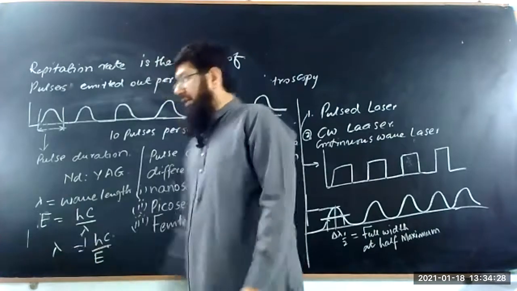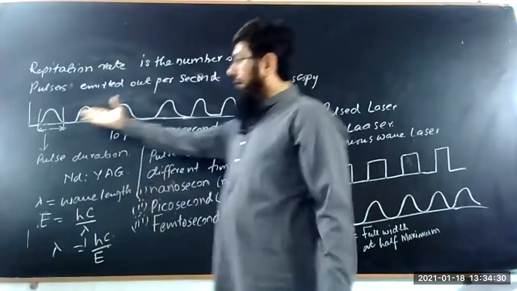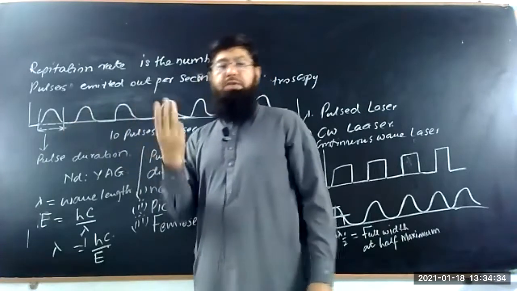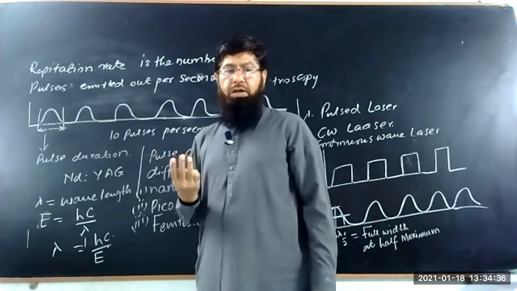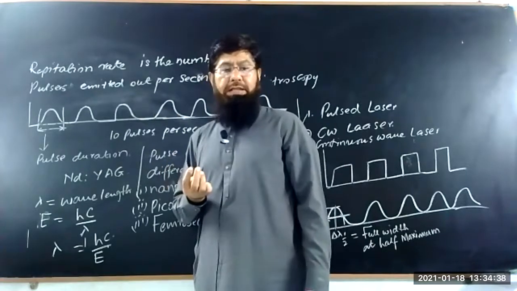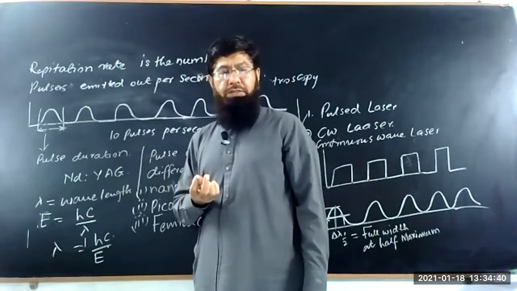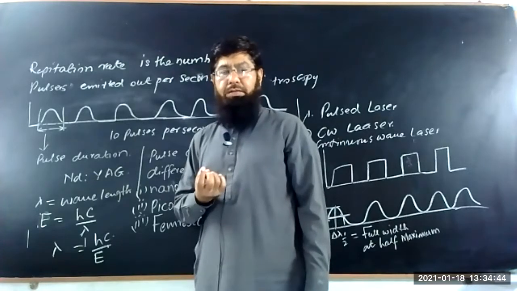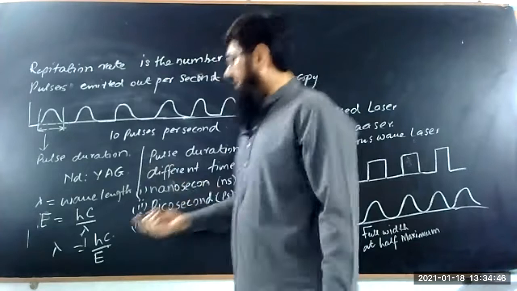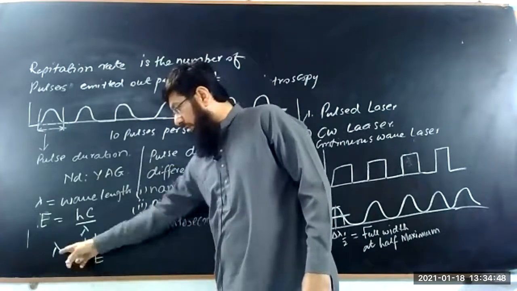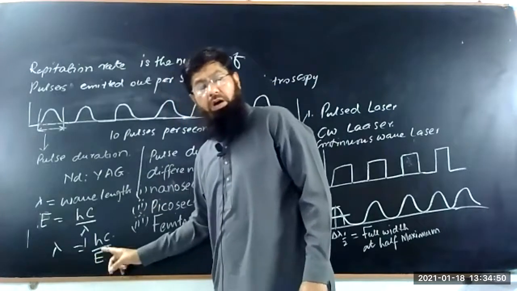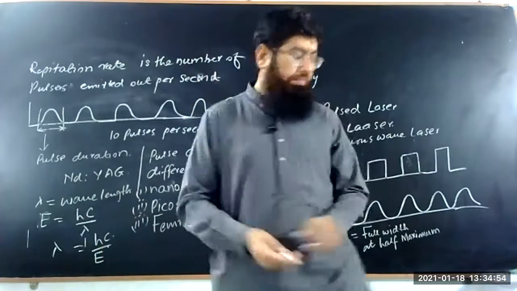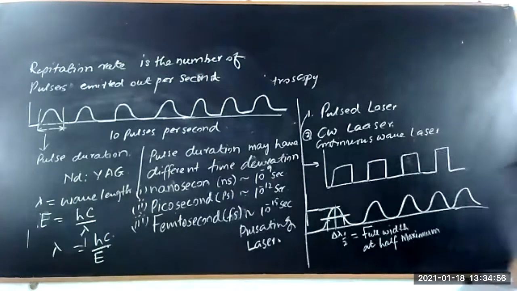For example, in our experimentation we have used three types of wavelengths. Clear? One is in the range of IR, another is in the range of visible, and the third one is in the range of UV laser. So what are the wavelengths and how can we find out the energy of each photon, which is the energy per packet?